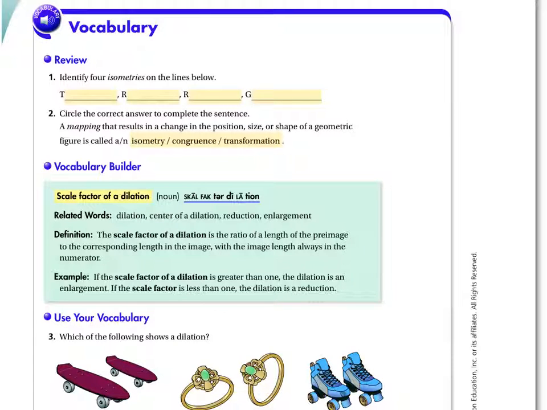So your 4 isometries, the T is... and the first R, we'll go with rotation. It could have been what else? So these are in any order. And then what's the G?